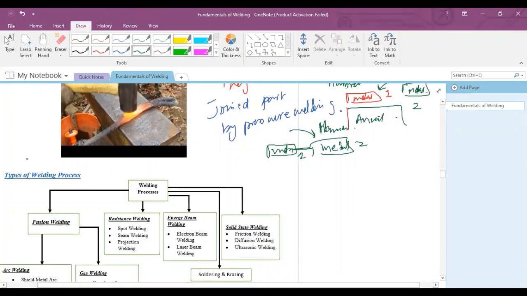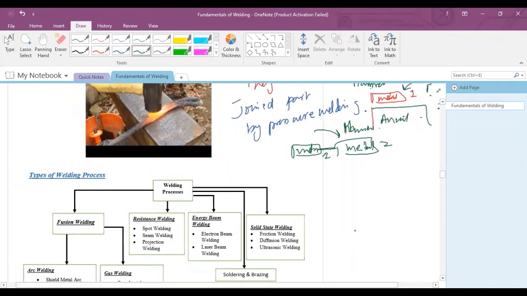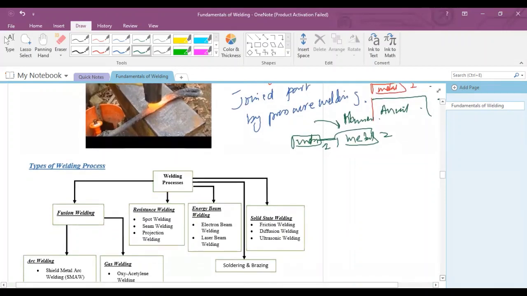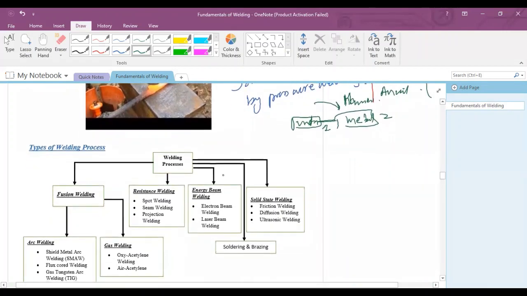The first thing is types of welding process. What are the types of welding process normally used currently in mechanical engineering? There are so many types of welding.